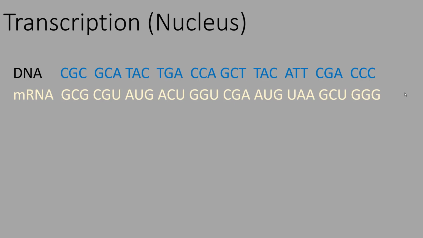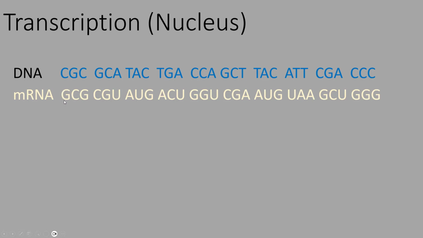A ribosome is going to attach to the end of it, right here. Now, if this were a real gene, this would be hundreds or even thousands of codons long. I've just shortened it for ease of our class. But the ribosome is going to attach right here.